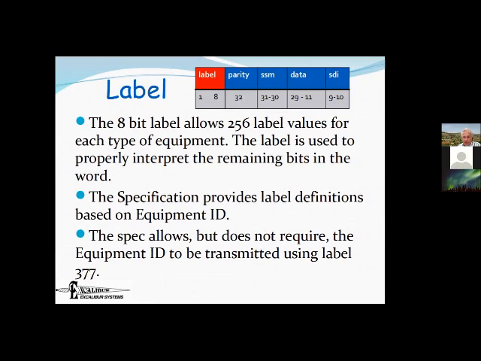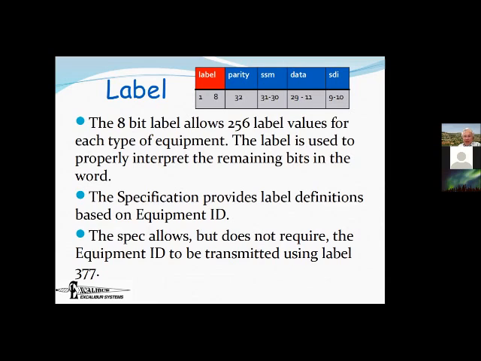So each one of these things, inertial navigation system or landing gear or an engine, is called a piece of equipment and has its own ID. So according to the equipment ID, you now can reinterpret the labels. Label 100 on equipment ID 7 might be different than label 100 on equipment ID 12.